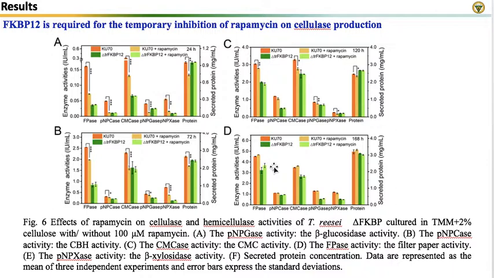We can see that knockout of FKBP12 didn't impact the cellulase production. So it demonstrates that FKBP12 was indispensable for the temporary inhibition effect of rapamycin on cellulase production in Trichoderma at the early cultivation stage. It is worth noting that knockout of FKBP12 alone led to a delay in cellulase production, similar to that caused by high-dose rapamycin.